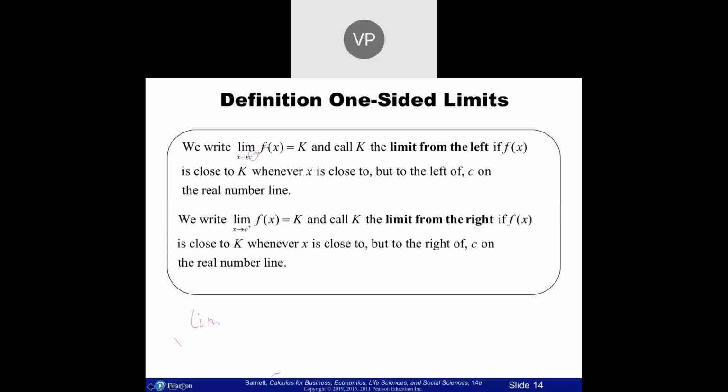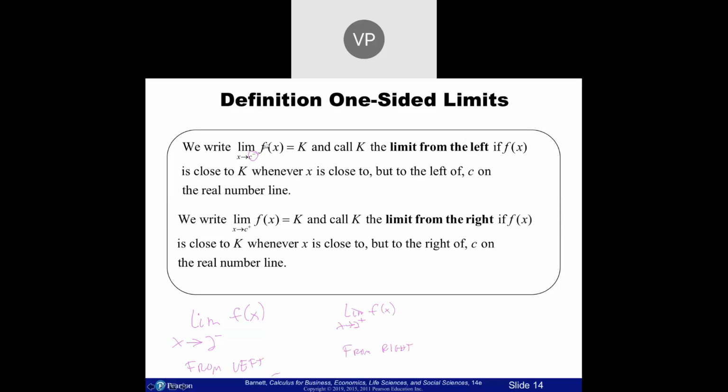Let's pick an example: the limit as x approaches 2 of some function. That little negative that looks like a power means it's from the left. If I give you the limit as x approaches 2 with a plus right there of the function, this is going to be from the right.